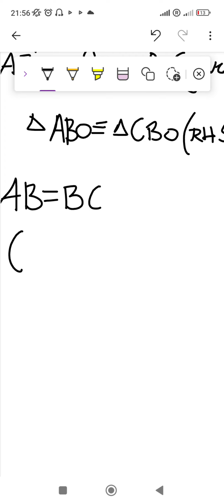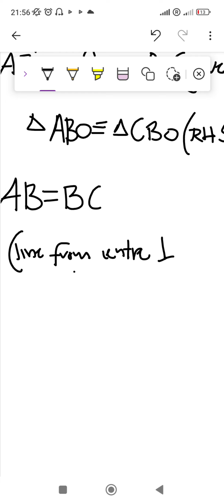So remember, we need our reasons. Our reason will be line from center perpendicular to chord.